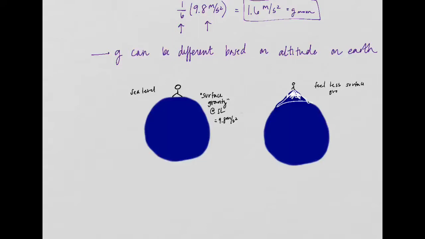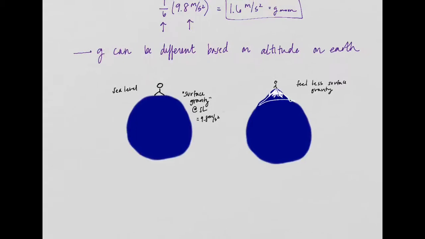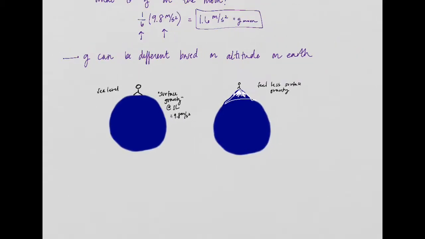up here. And the reason that is because gravity is a field. So that means that the closer to the surface you are, the stronger the gravity is. So closer to the surface equals more gravity felt.